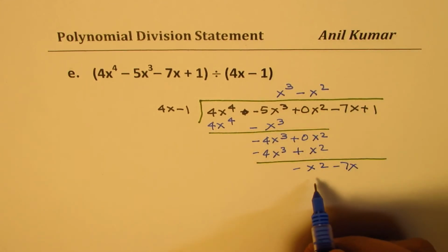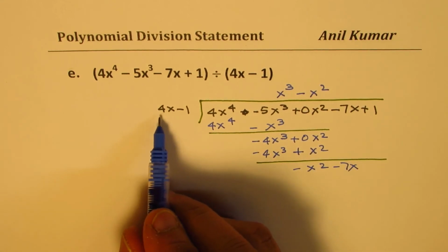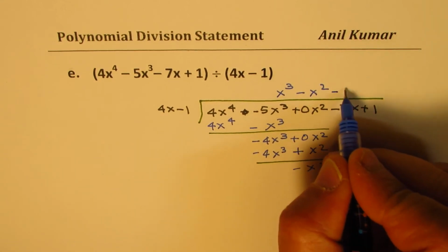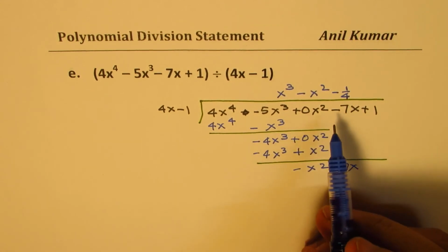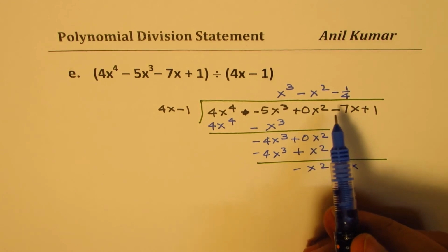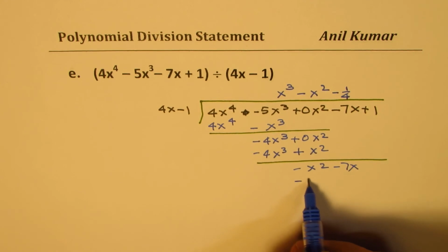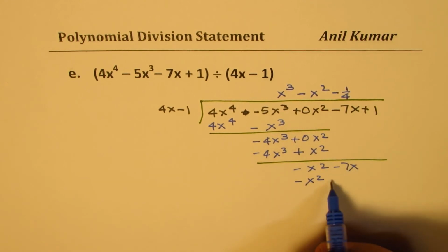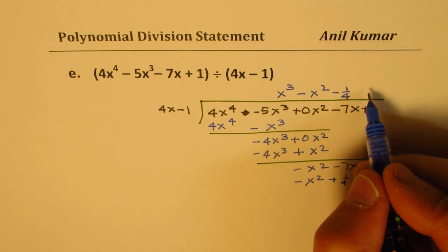You'll multiply it now since it is minus x squared and here we have 4. So we are going to multiply by 1 over 4. Clear? That is very critical to understand, right? So when we get this 1 over 4, then this becomes minus x squared and the next term will become plus 1 over 4 x, right?